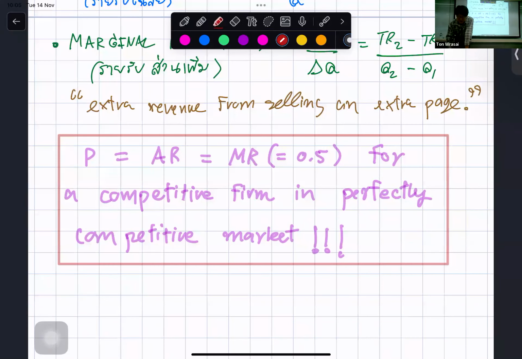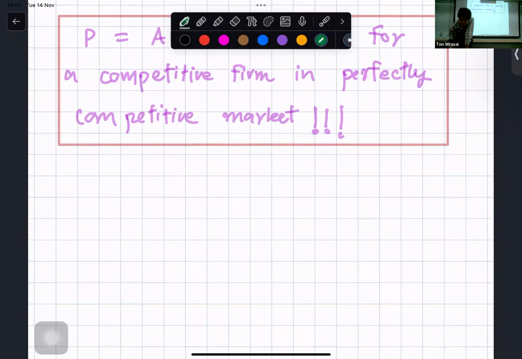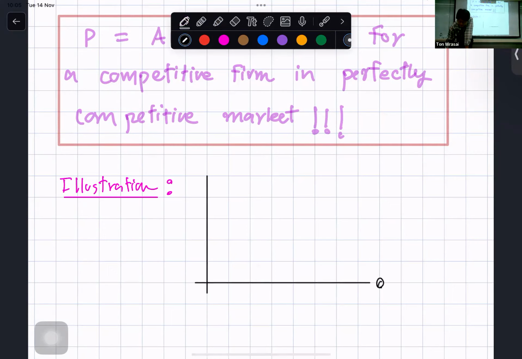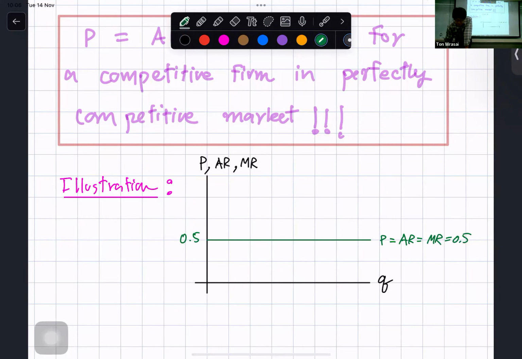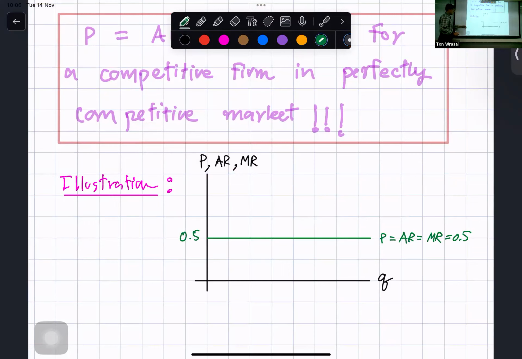Okay, and illustration, easy. If we want to convert to a diagram, we got this picture.